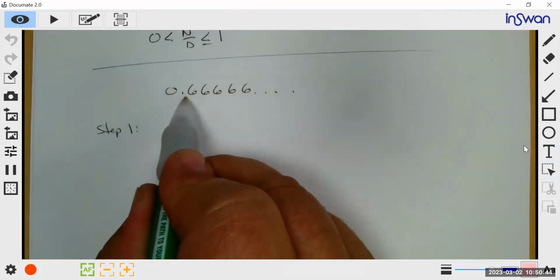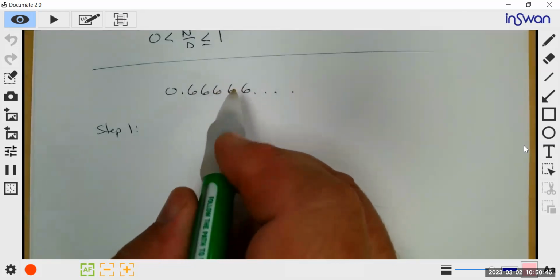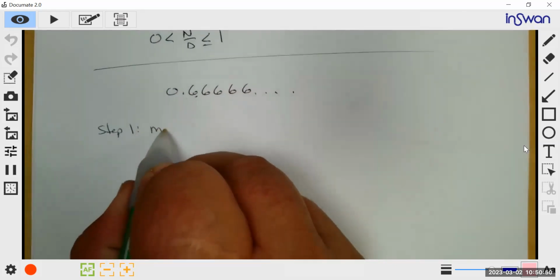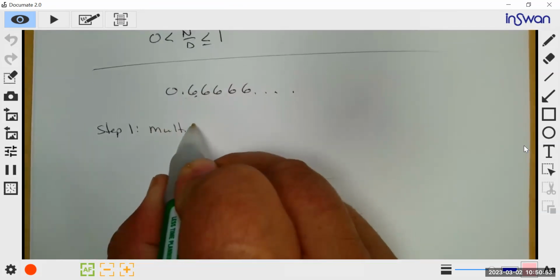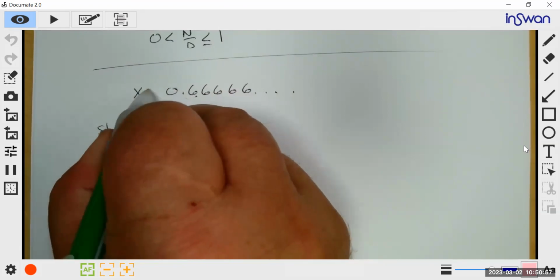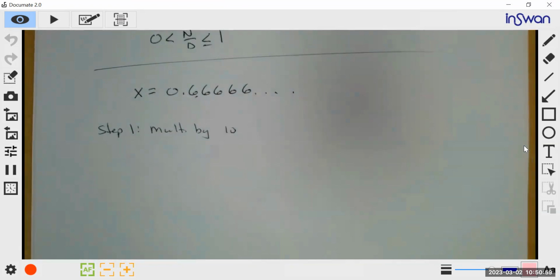Since each of these only repeat in steps of 1, it's all 6, 6, 6, 6, 6, 6, 6, 6. Multiply by 10. I'm going to say this number is equal to x. X is equal to that number.